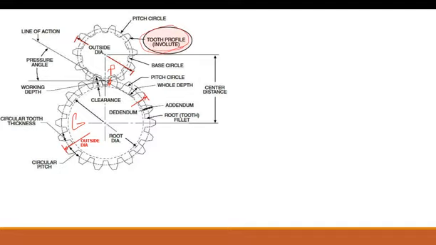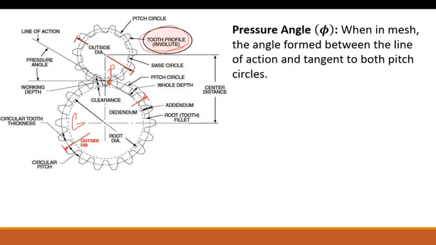So that's the involute. The next thing I wanted to talk about was the pressure angle. Now, the pressure angle is one of the things that people typically don't think about. But when gears are actually in mesh, it is this angle here, the pressure angle, that forms between the line of action and what is known as the pitch line.